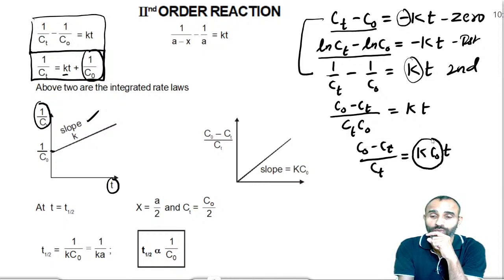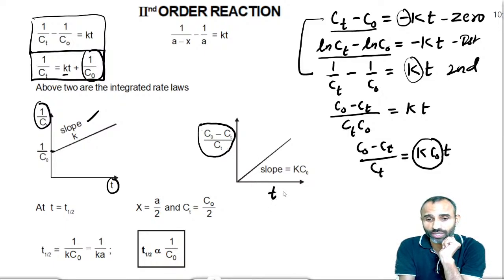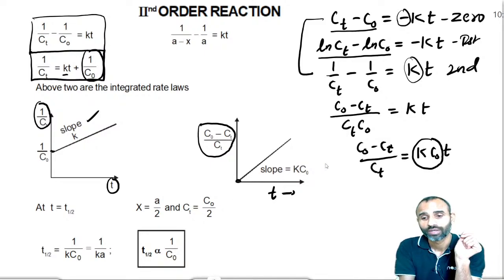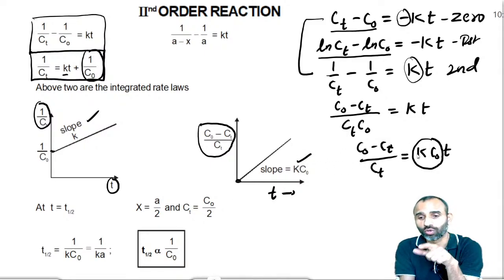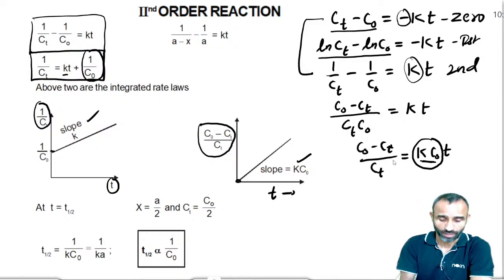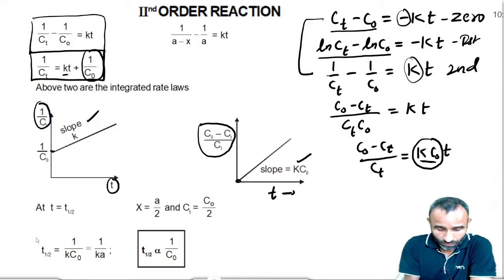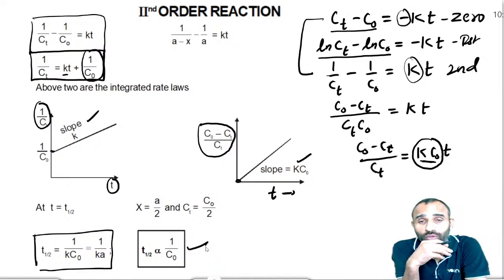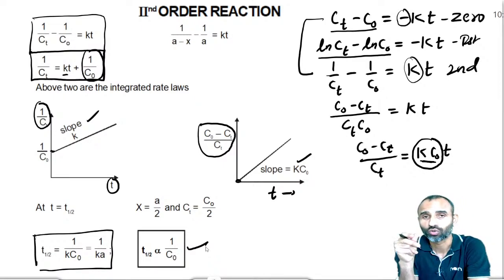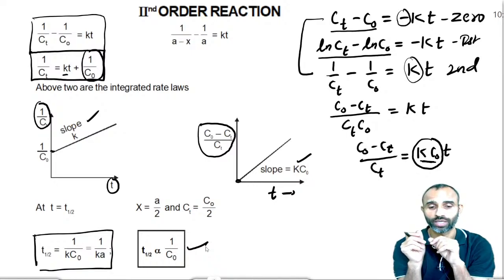K and C naught both are constant, and therefore we plot a graph of C naught minus Ct divided by Ct versus t. It is a straight line passing through the origin, and slope is k into C naught. The half-life of this reaction comes out to be inversely proportional to initial concentration, equal to 1 upon k into C naught.